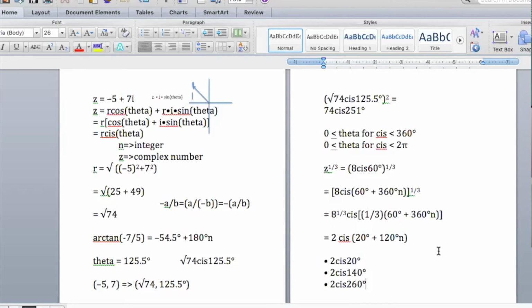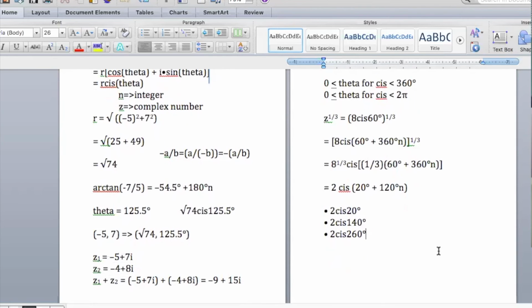If it's equal to 2, it's 2 cis 260. And if I go around one more time, it becomes 2 cis 380, and that's past the 360 mark, which is what we're doing up here, right? It means that I've already counted that number once. So these are 3 different answers that work as the cube root of this original number up here.